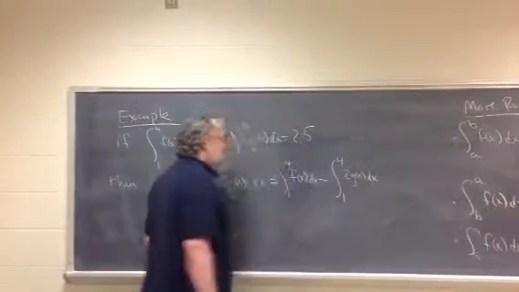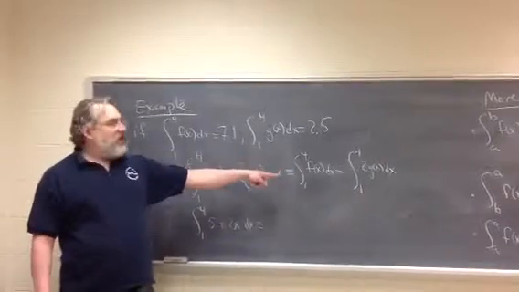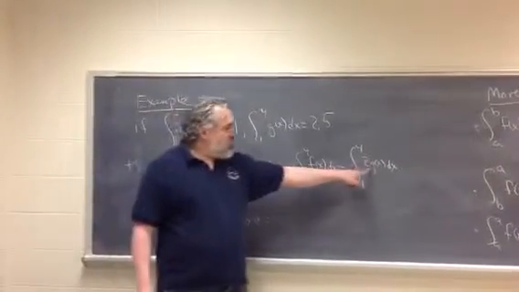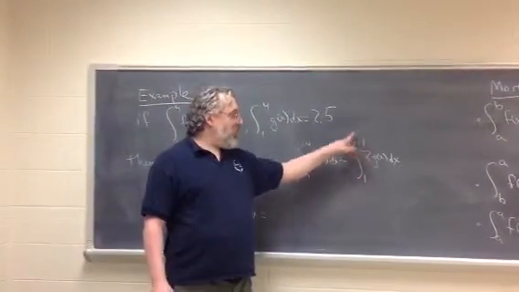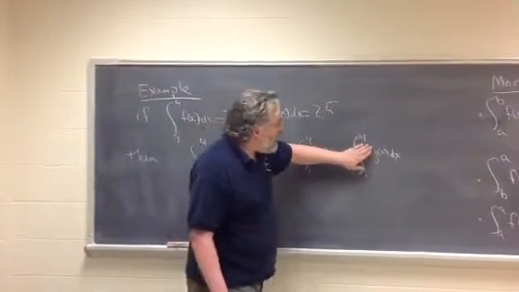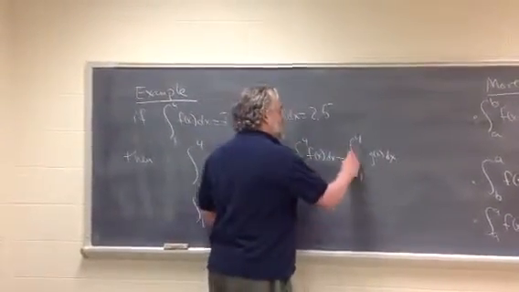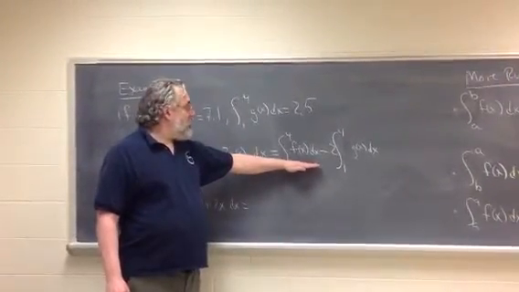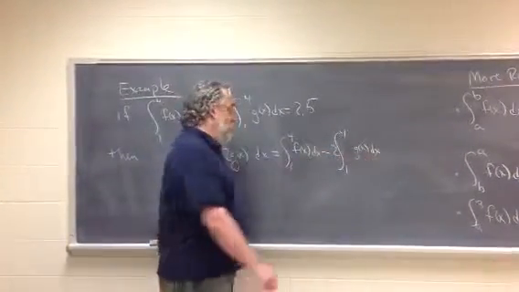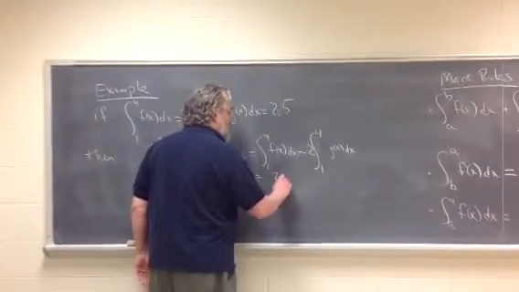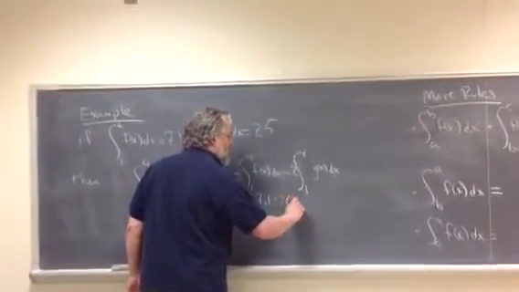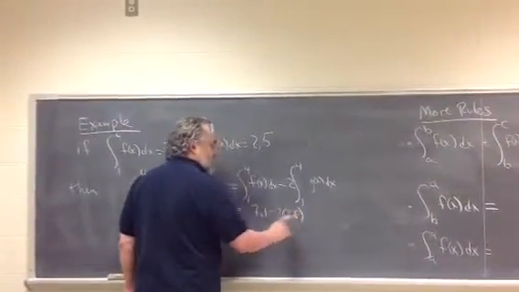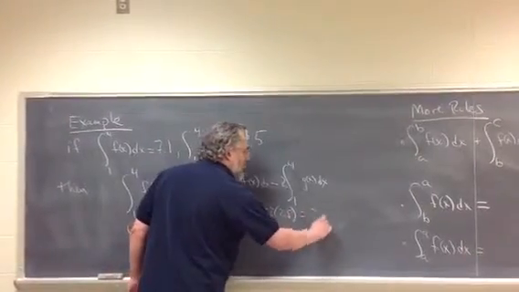All I did is separate into 2 pieces. Now the other rule that I'm going to be using here, there's a 2 here. I can pull that out. So I'm actually going to do that right away without writing another step. And then this one is known, it's 7.1. That one's known, it's 2.5. So this is 7.1 minus twice 2.5. That's not a lot of work to do. It's 2.1 all told.